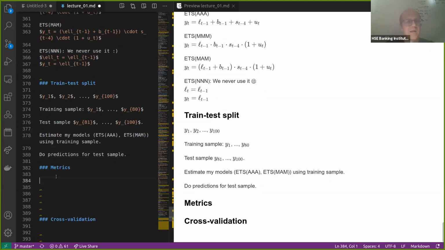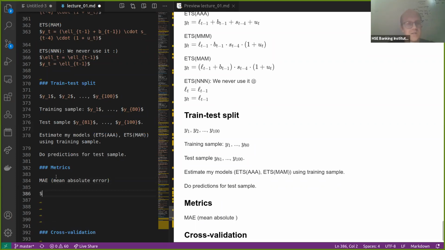What are the possible metrics? One simple metric is the mean absolute error.